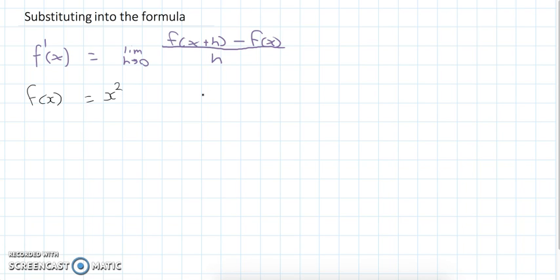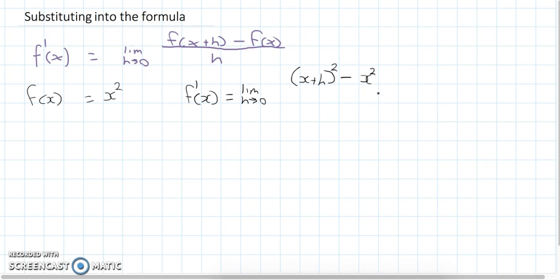So for something like this, let's write it out, f dash x is equal to the limit as h tends towards 0 of x plus h, and we're going to square all of that because we've got this all squared, minus x squared, and we divide all of that by h.